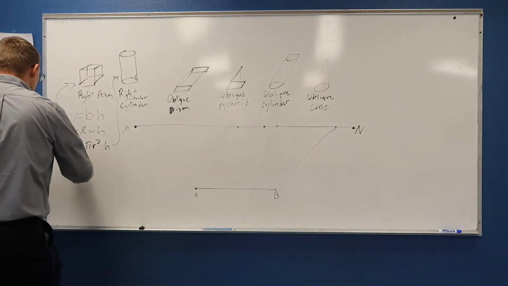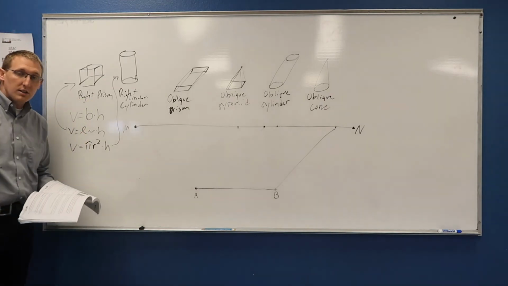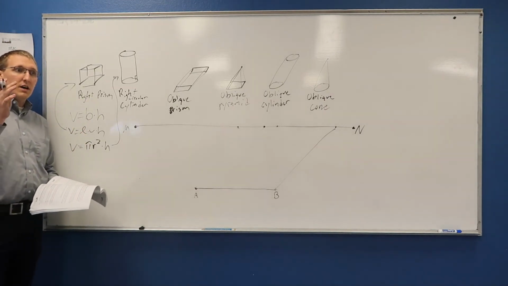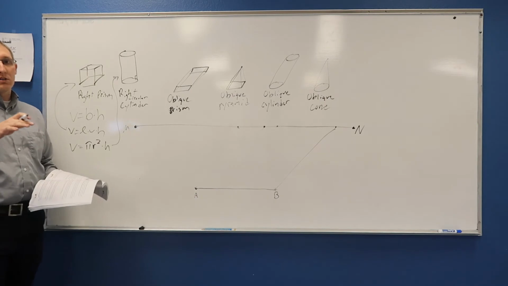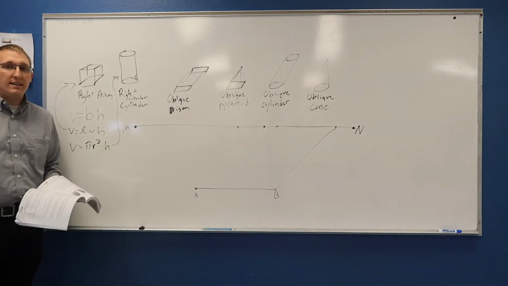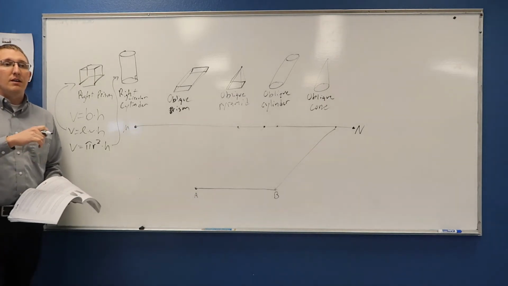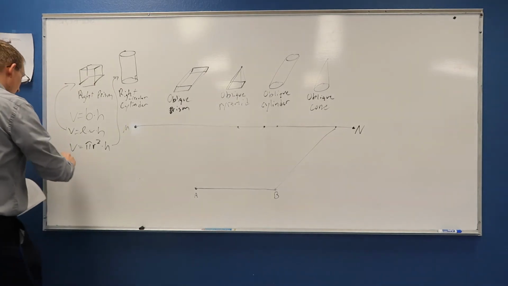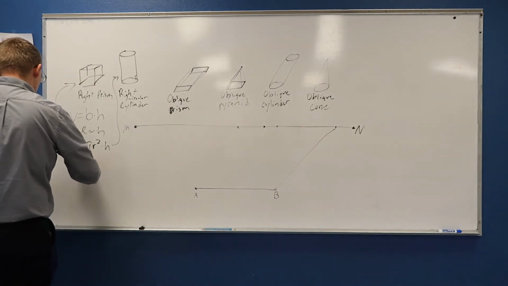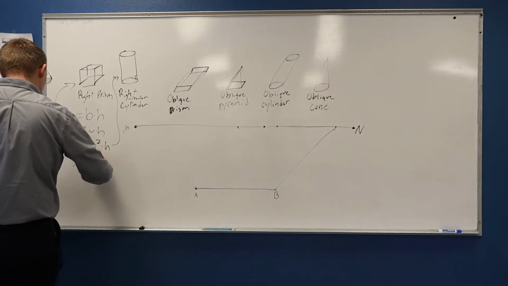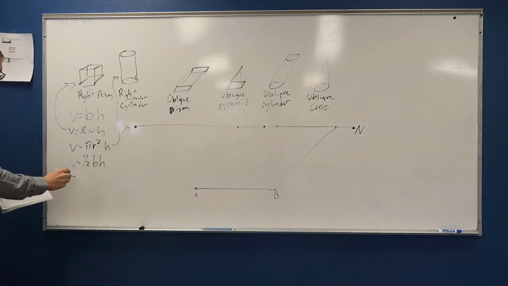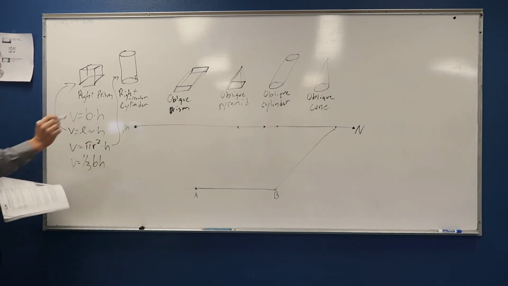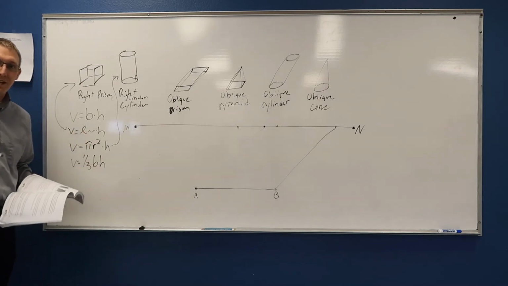But the volume for those is just going to be 1/3 the prisms or cylinders that have the same base area and the same height. So V equals 1/3 base times height.